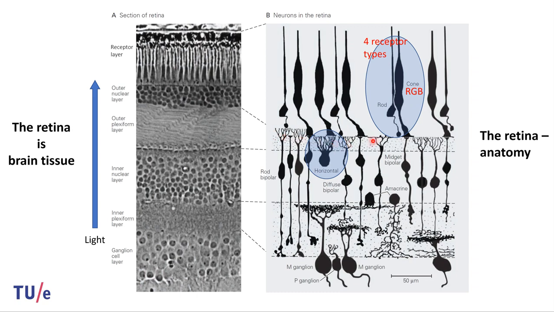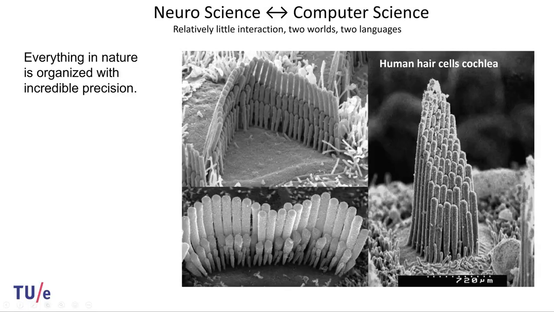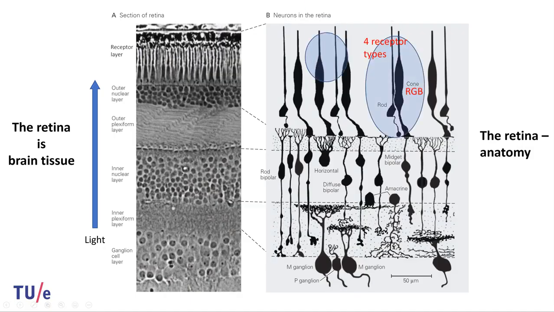That's called a kind of receptive field, so they collect from a certain area. Then we have bipolar cells. There are 10 types of bipolar cells. There are 26 types of amacrine cells, and there are 20 types of ganglion cells. So there's an amazing variety of all types of cells.